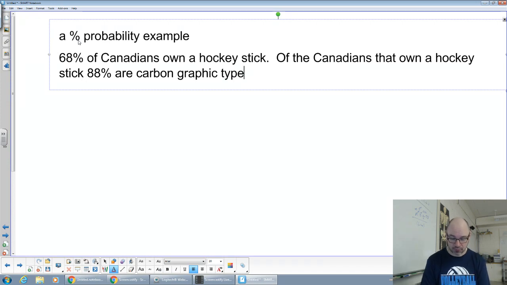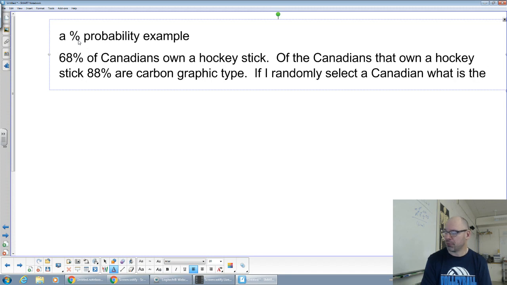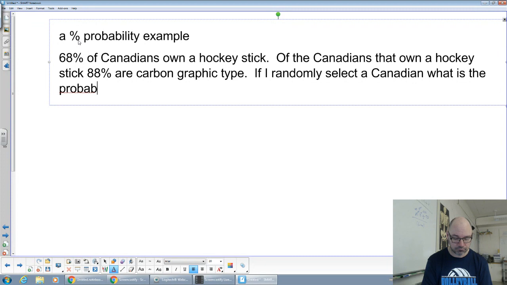Okay. And then the question is, if I randomly select a Canadian, what is the probability that they own a carbon graphite stick?